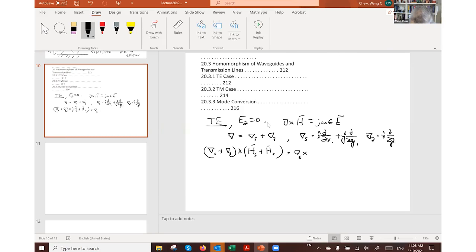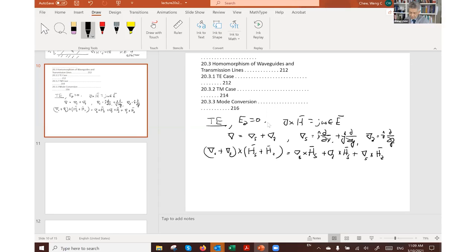The 4 terms are: the first term is this term, and then the next term is del_z cross H_s. Then the third term is del_s cross H_z. And then the other term is del_z cross H_z, which is equal to 0.